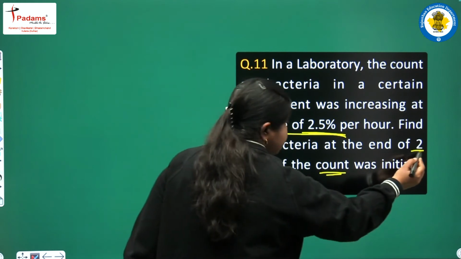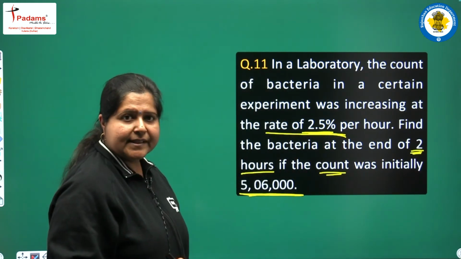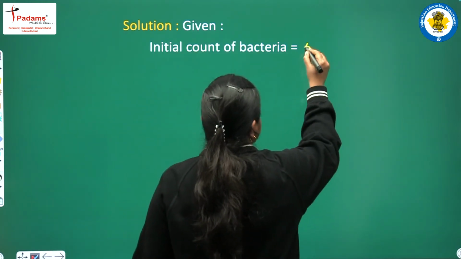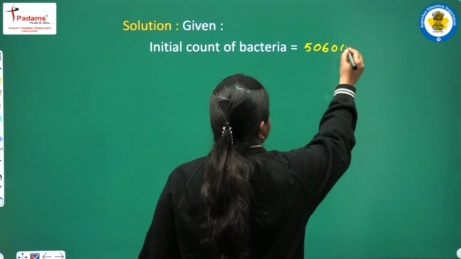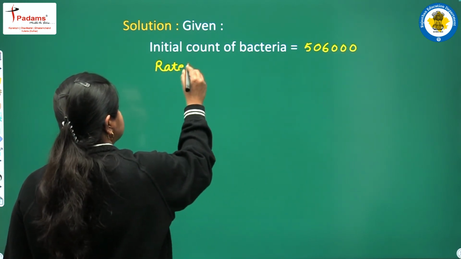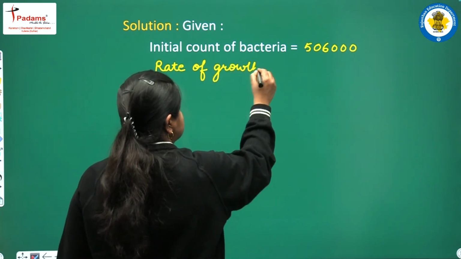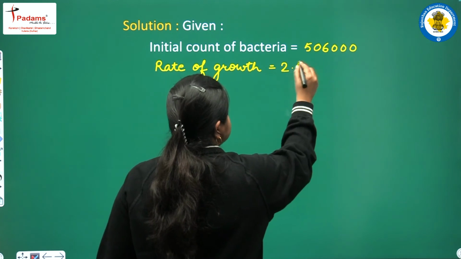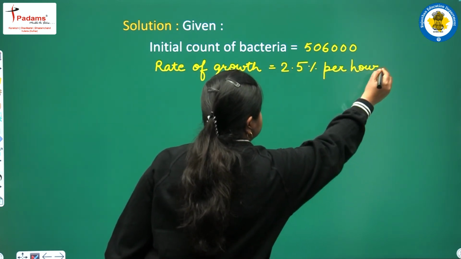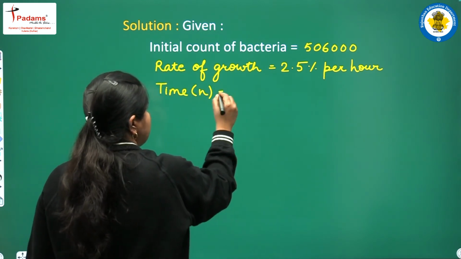This is the time, 2 hours, and this is the rate of increase, 2.5% per hour. Let us now write it. Initial count of bacteria is 5,06,000. Also the rate of growth has been given as 2.5% per hour, and the time here is 2 hours.